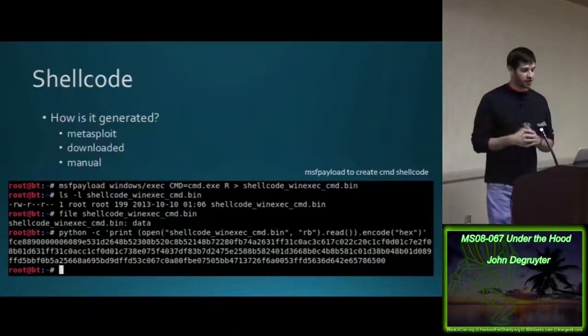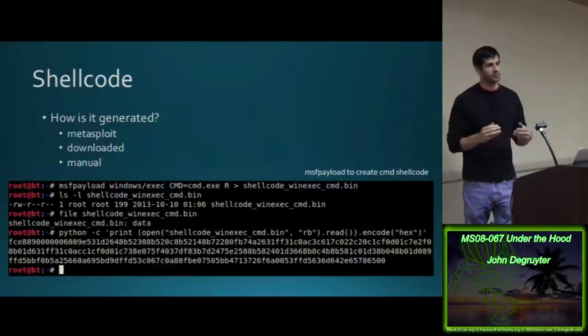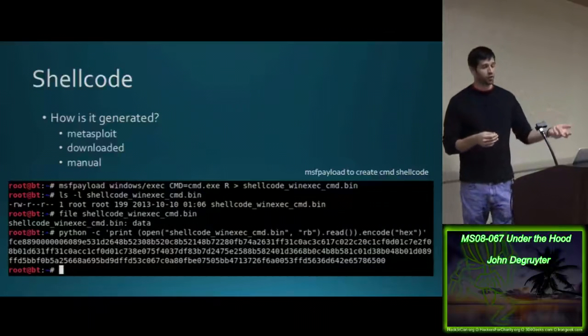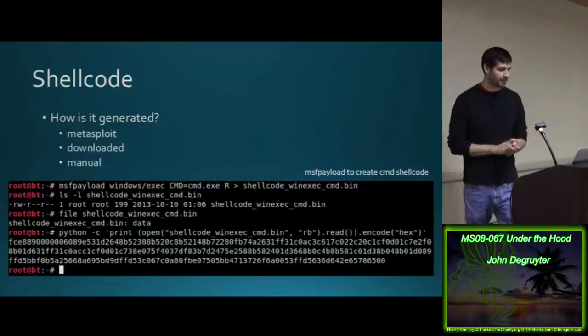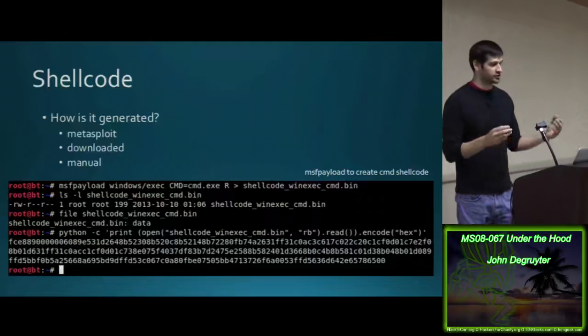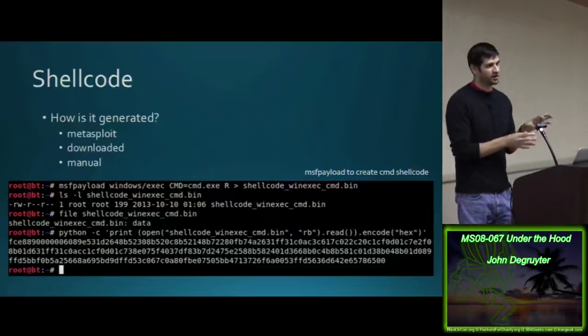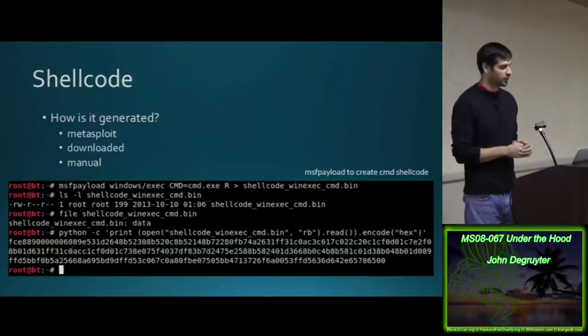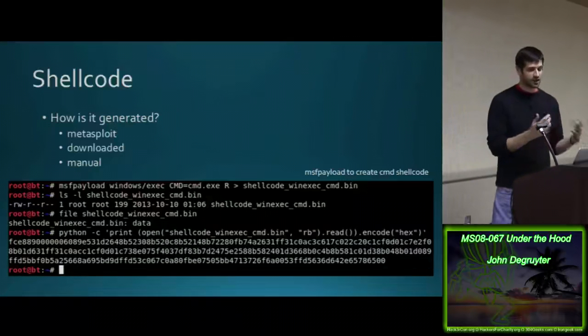In this screenshot, you can use MSF payload manually, or use this tool to generate shellcode from Metasploit payloads and save it in a binary form. So that's where our shellcode comes from, and as most of us know, shellcode is just a way to get a foothold on a system and execute what we want to execute and gain further access.